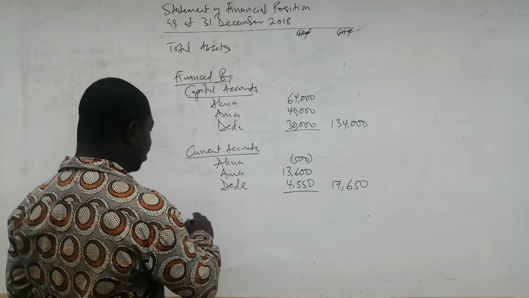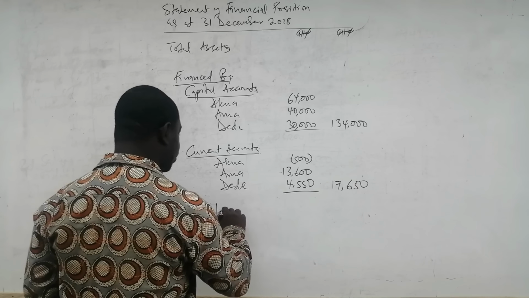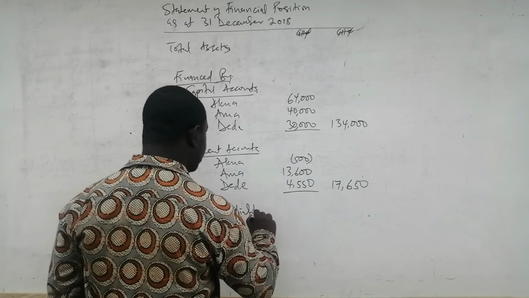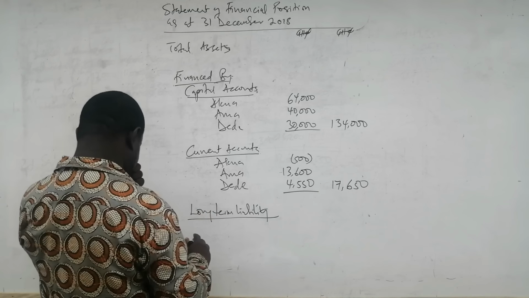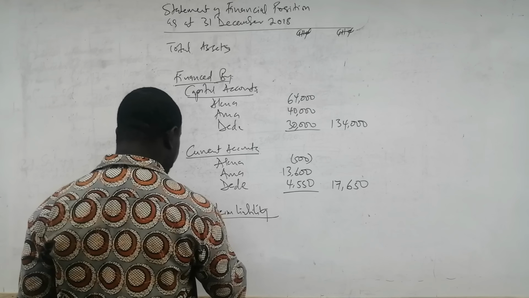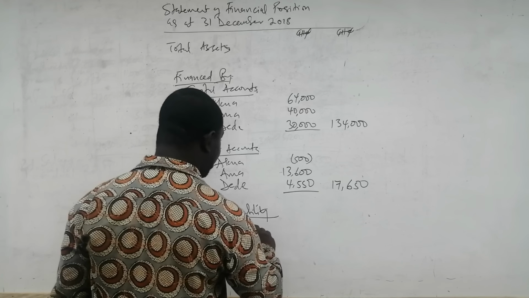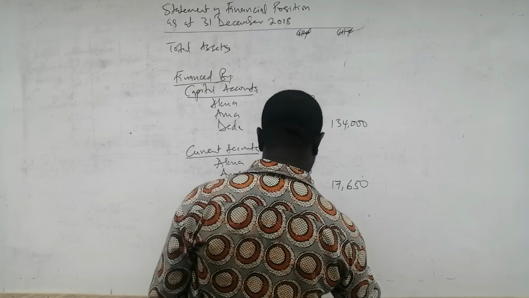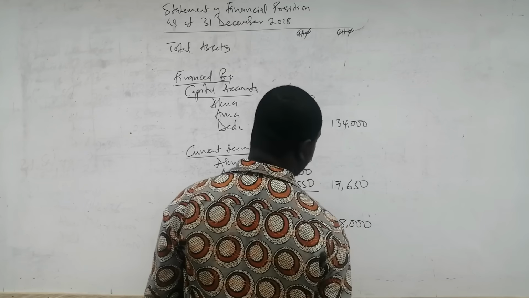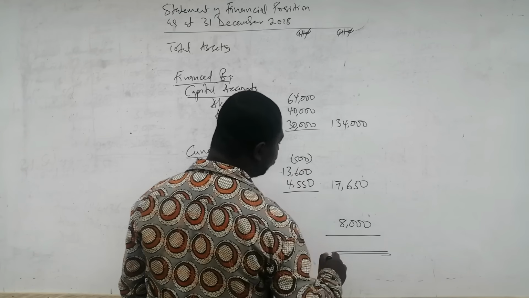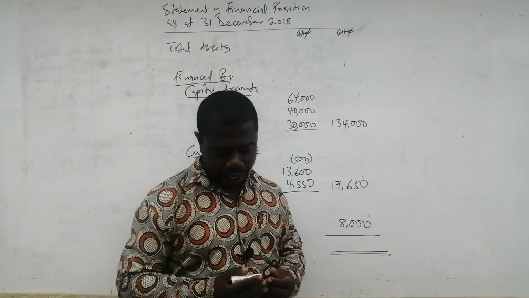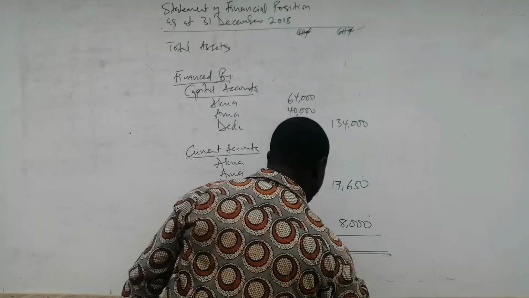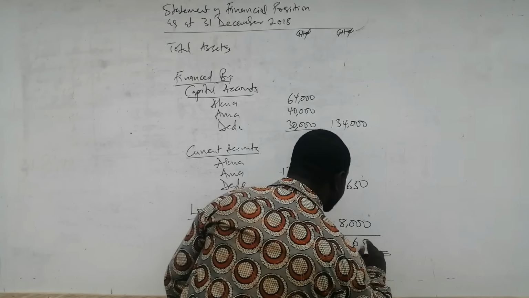And so now that we have this, then we are done with the equity component of the account, and so we can look at the long-term liability as well, which is the loan that was given by Ama. So we will say loan from Ama, and that is 8,000 Ghana cedis. So when we add this, that will be our total equity and liabilities, and that is going to give us 159,650.